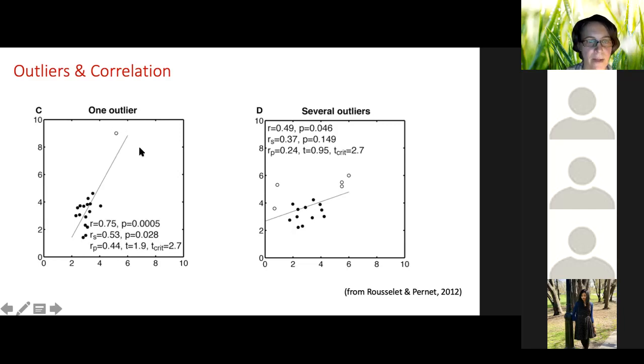So if you have only one outlier, we see that the Pearson correlation is pretty high, and the corresponding P is low, so that would be considered a strong correlation significantly different from zero. And for Spearman, this correlation coefficient is reduced, so it's lower.